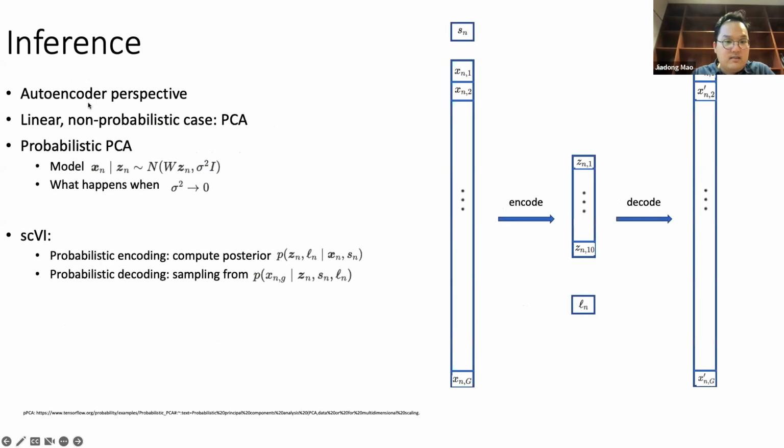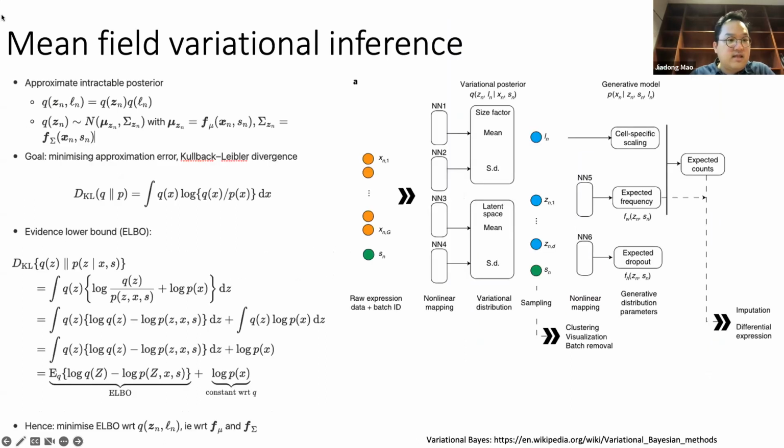Remember that the posterior is a distribution of Zn and Ln. So in order to approximate that, we use a simpler distribution Q, which is also a distribution of Zn and Ln.